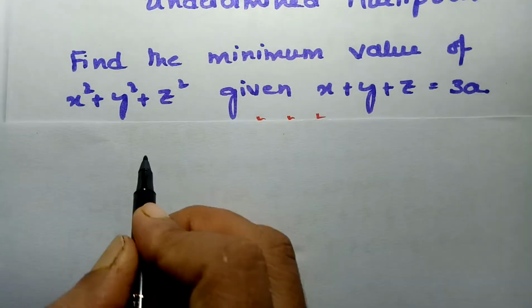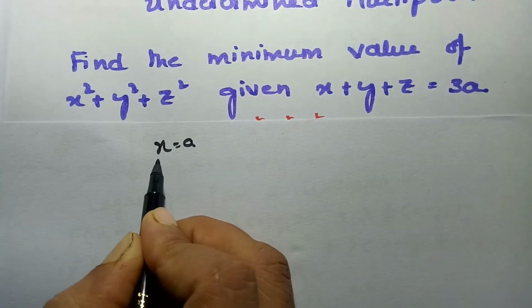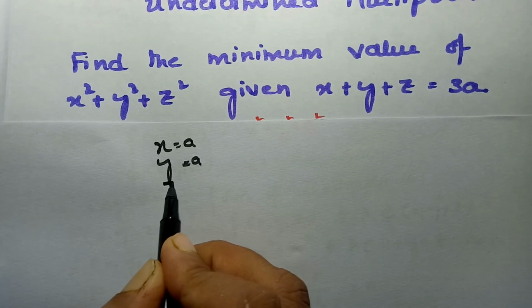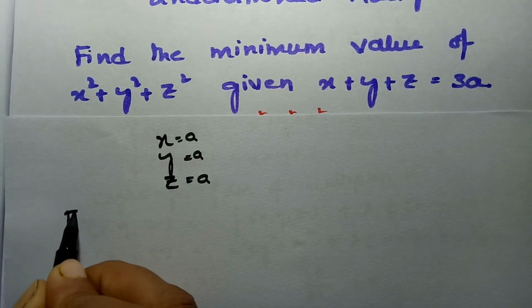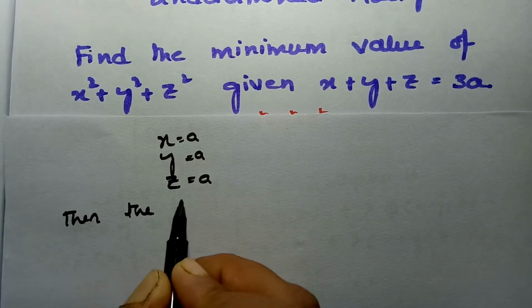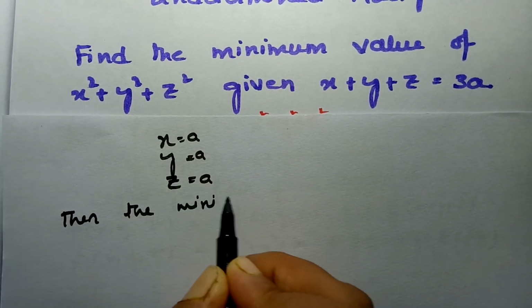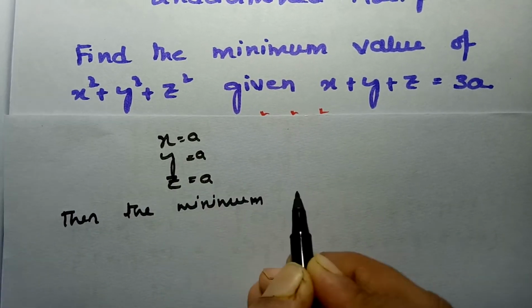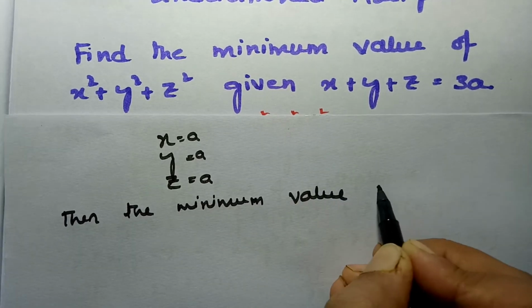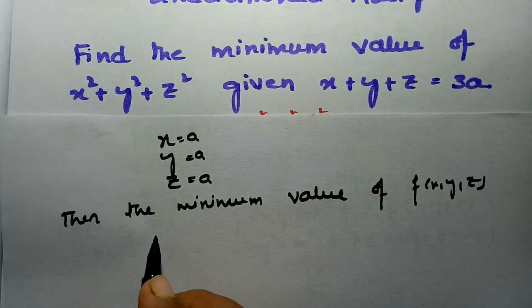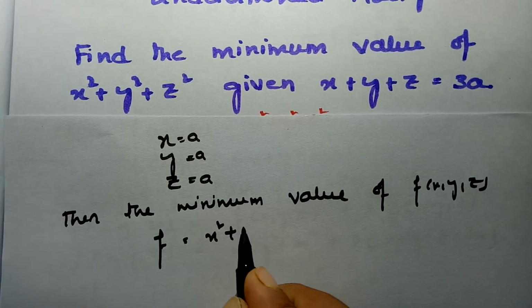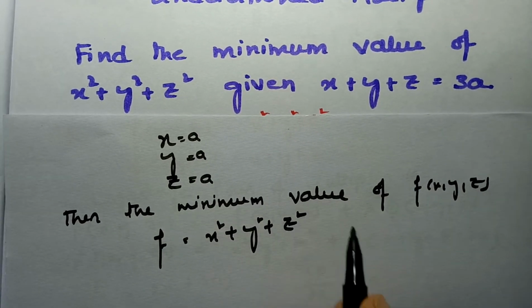We got the x value as a, y value as a, and z value as a. Then the minimum value of the function f of x comma y comma z will be f is equal to x square plus y square plus z square.